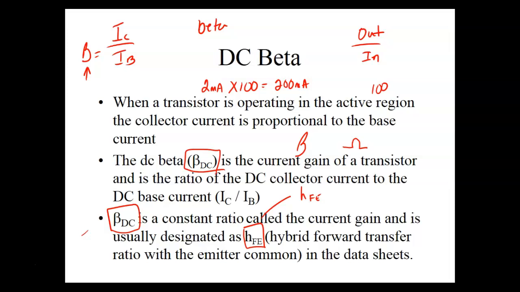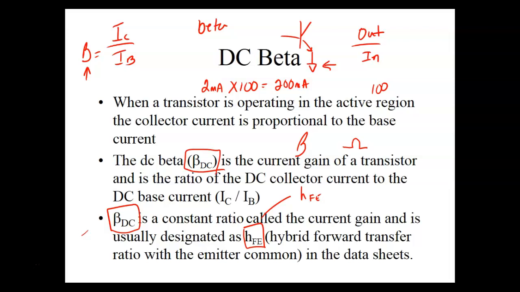So if you wanted to see what the gain of the transistor was, with the emitter common, which is what we've shown so far. So this right here, this is what we've been drawing so far. I've been making the emitter common. Yeah, every time I've drawn it.